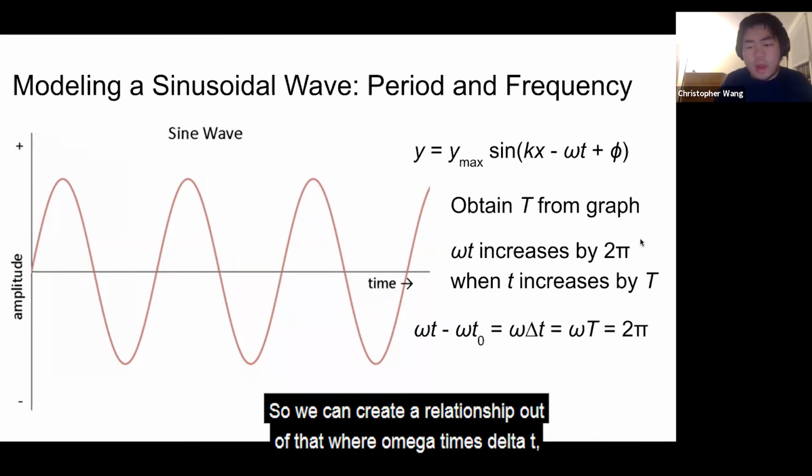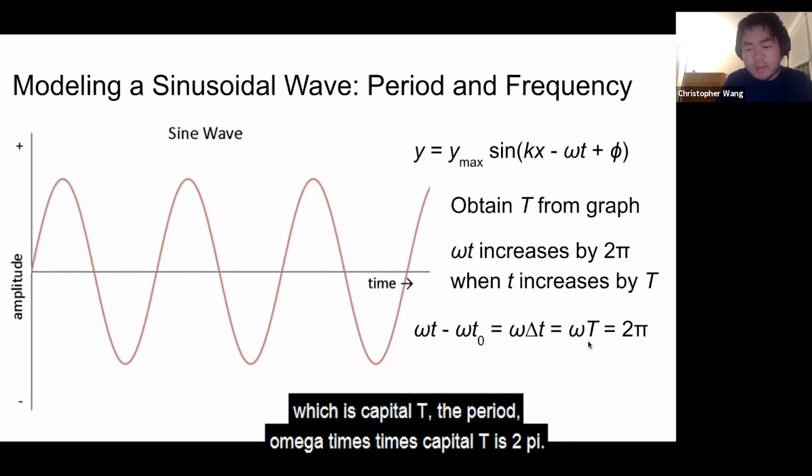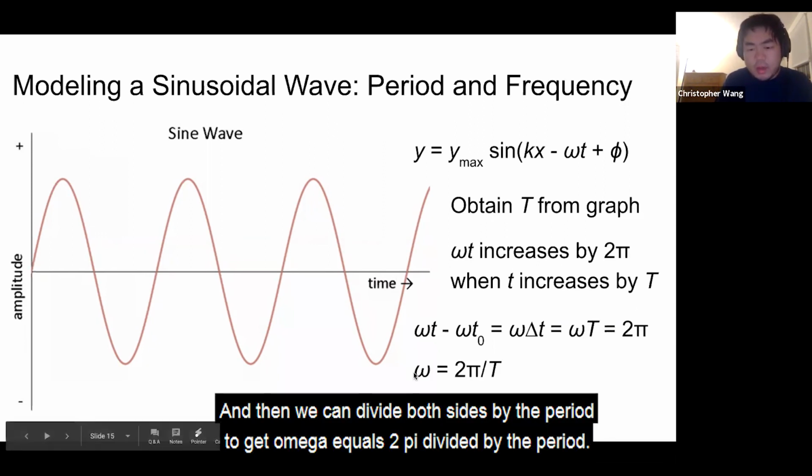So we can create a relationship out of that where omega times delta t, which is capital T, the period, omega times capital T is 2 pi. Then we can divide both sides by the period to get omega equals 2 pi divided by the period.